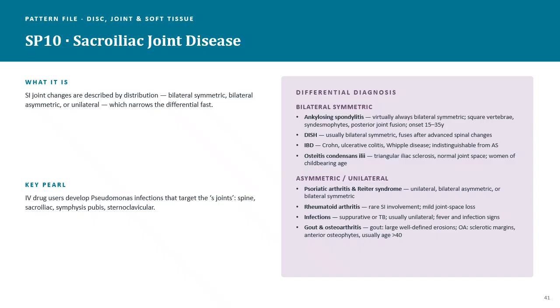So if both sides are involved and they look the same or look symmetric, again, it points to ankylosing spondylitis. If both sides are involved but it doesn't look symmetric, meaning it's uneven, they sometimes start looking towards psoriatic or reactive arthritis. And then if it's one-sided, they start looking at maybe infection being the cause first.